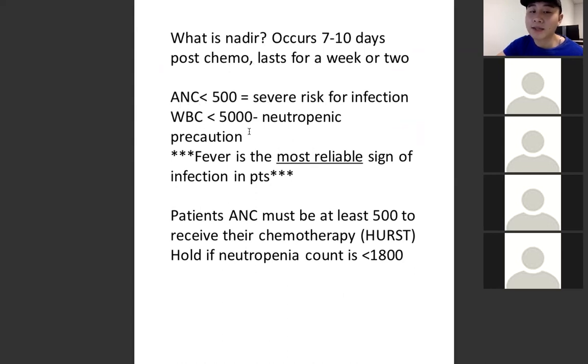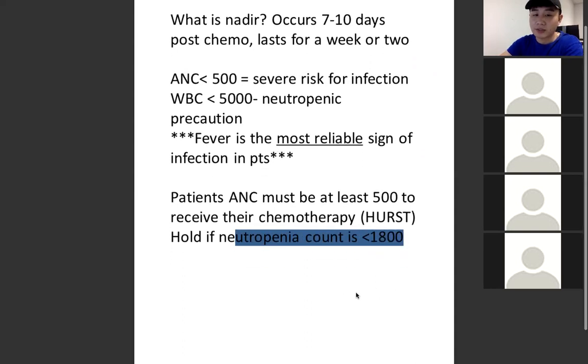White blood cell less than 5,000, the patient will require neutropenic precaution. Fever is the most reliable sign of infection in a patient. Patient's ANC must be at least 500 to receive their chemotherapy. Hold if the neutrophil count is less than 1,800.